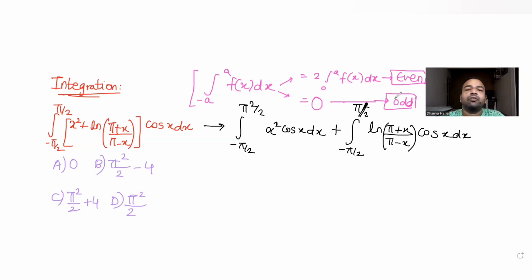Now let's understand first of all what is an even function and what is an odd function. If instead of x you put minus x, and f of x and f of minus x come out equal to each other, in that case it is an even function.